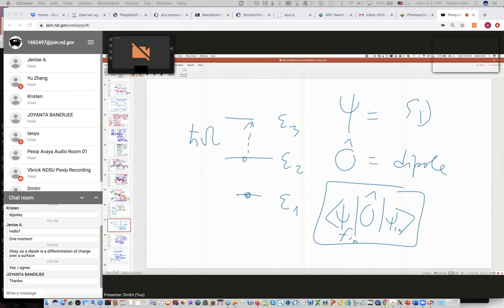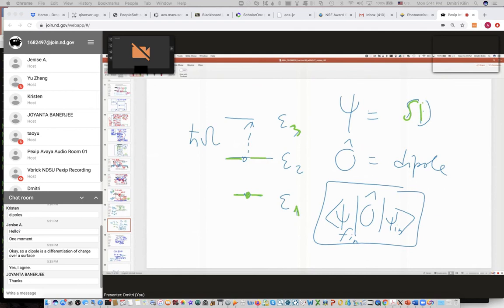I'm not going to focus on the details. We look only at 3 orbitals. The two lowest orbitals are occupied, and then the third is unoccupied. So according to what we got in Hartree-Fock theory, the wave function is a Slater determinant.